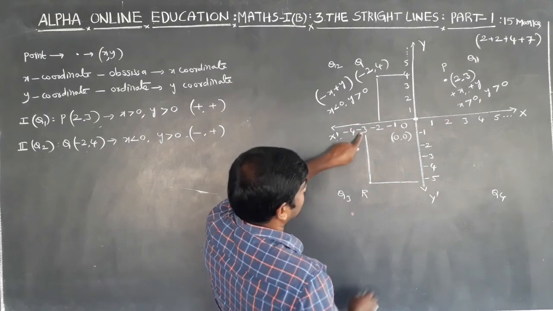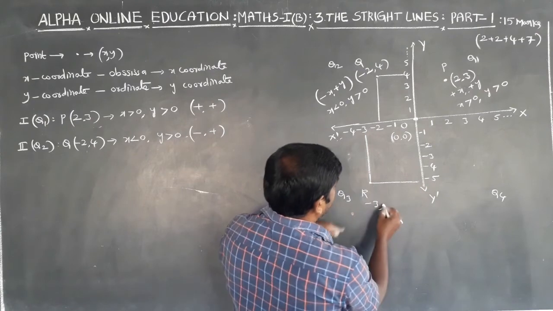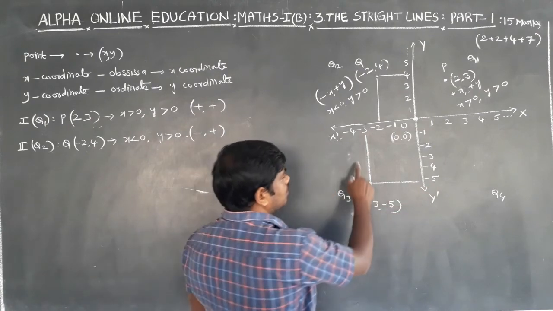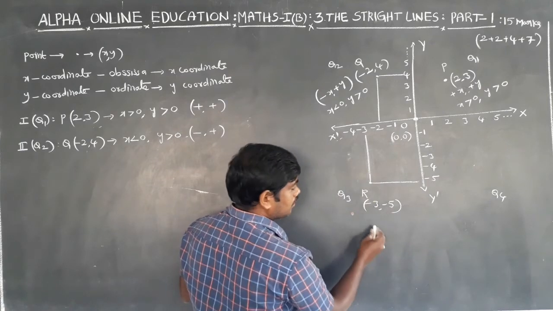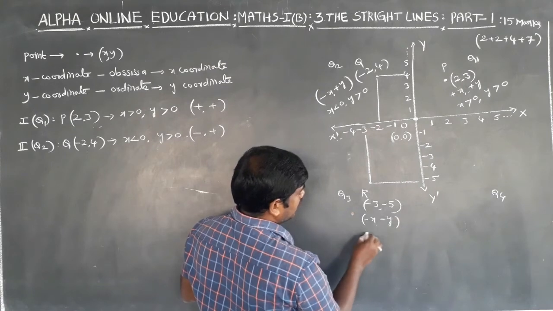R. Here x is equal to -3, y is equal to -5. In the third quadrant, both are negative. X is negative, y is negative.